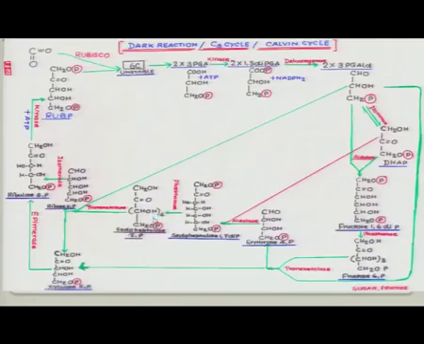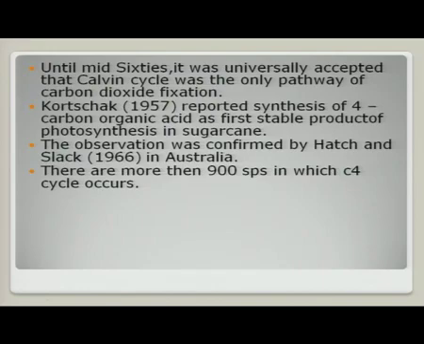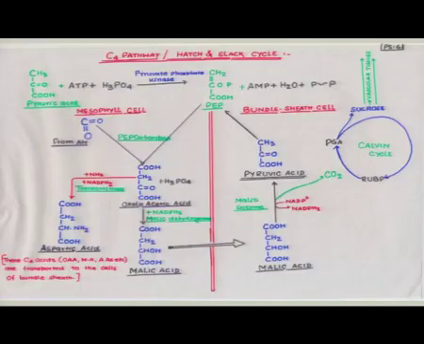Now, what happens in the C4 cycle? In C4 cycle both mesophyll cell and bundle sheath cell are involved. Here RuBP has no role.